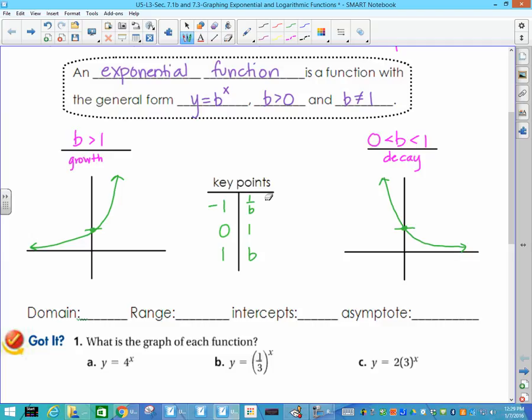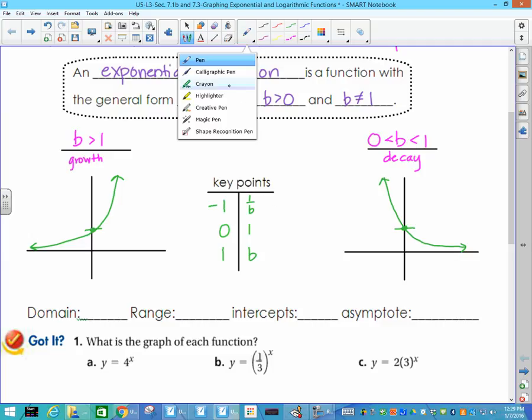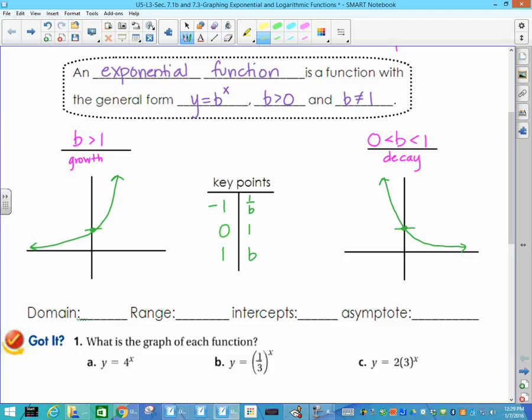Now we've also talked about asymptotes. Remember, in both of these cases it is the x-axis. So this is my asymptote for each of these. All right, so what is my domain? My domain is farthest to the left, negative infinity, and farthest to the right, positive infinity.